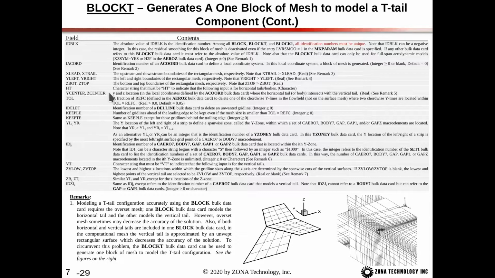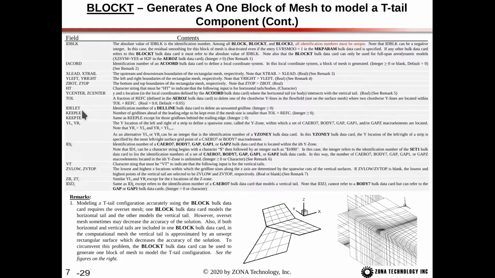These are the Y and Z locations in the local coordinate system defined by the ACORD card, where the horizontal tail intersects with the vertical tail. So in this picture, this point here would be our Y center, Z center. And then the tolerance is a fraction of the reference chord to delete one of the chordwise Y lines in the flow field if two chordwise Y lines are located within that tolerance.